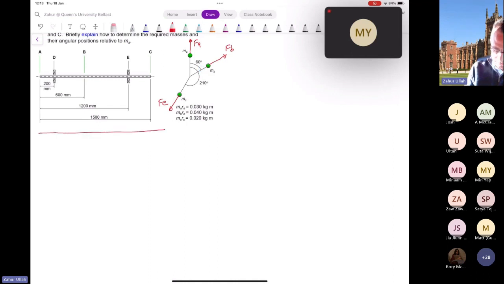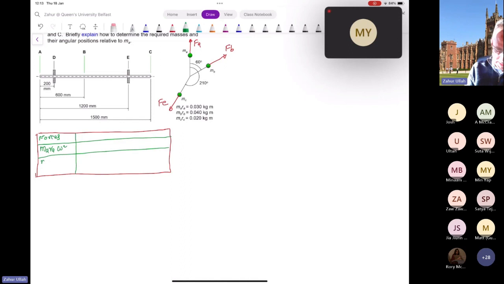Similar to the previous case, we can draw the table again, with the forces MARA omega square, MBRB omega square and MCRC omega square. This is the same as the previous case, nothing new here.